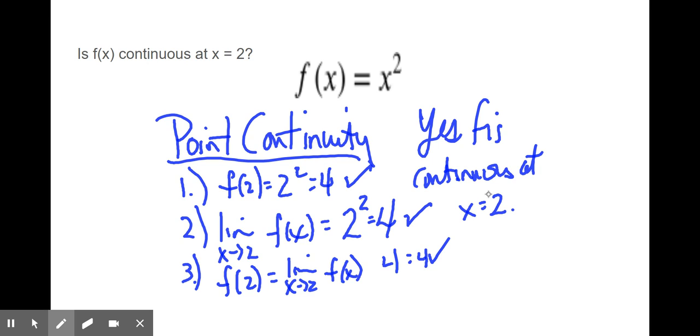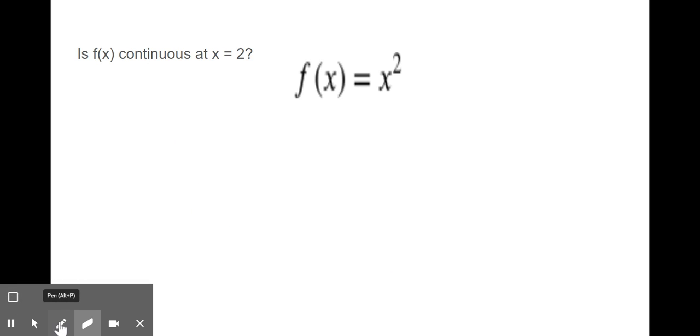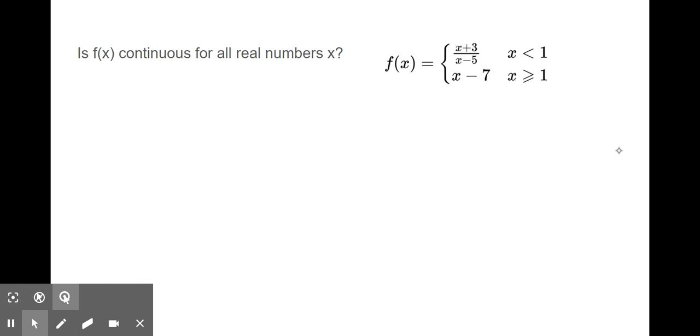Okay? Again, I have to show all 3 steps to convince you that this is continuous at x equals 2. If you don't show them all, it's wrong. You can't just take a shortcut and say, well, I know that the limit exists. No, that does not work.